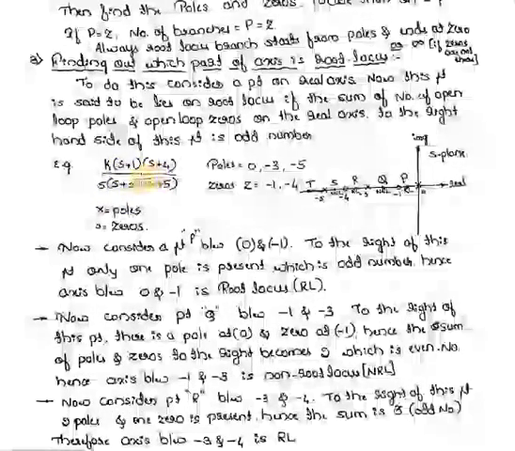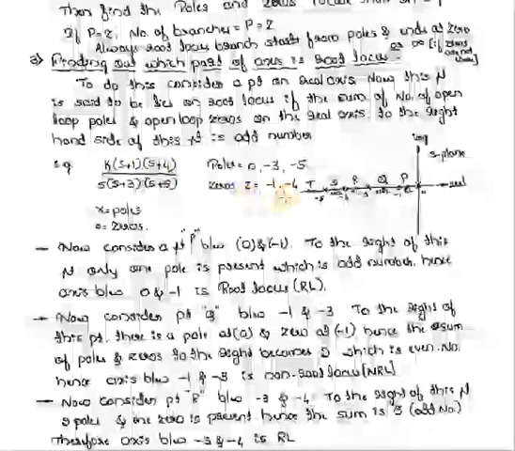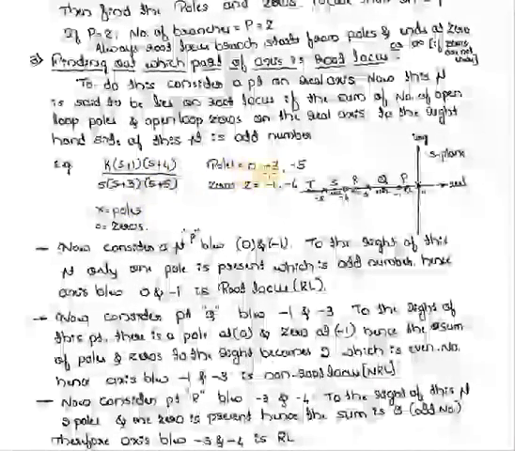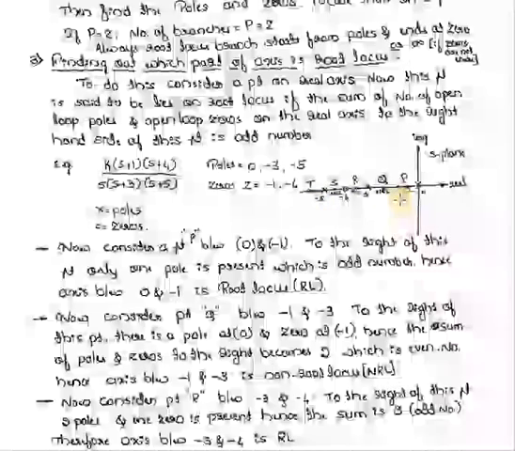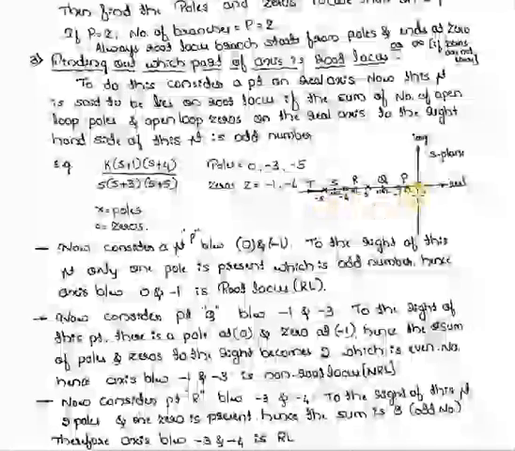So their respective values are: zeros are -1 and -4, poles are 0, -3 and -5. So here p is greater than z. Okay, I located all the values here: -1, -3, -4, -5 and 0.